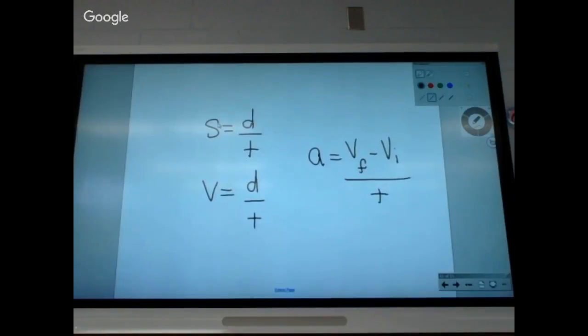You want to have T on the bottom, so we need to figure out the distance on top and the speed. Same for you in number 2. Okay, so which one do you want? 2? Okay.